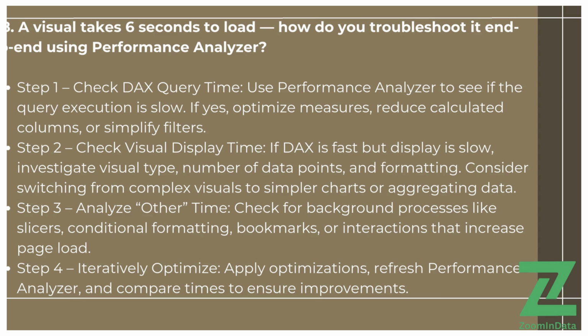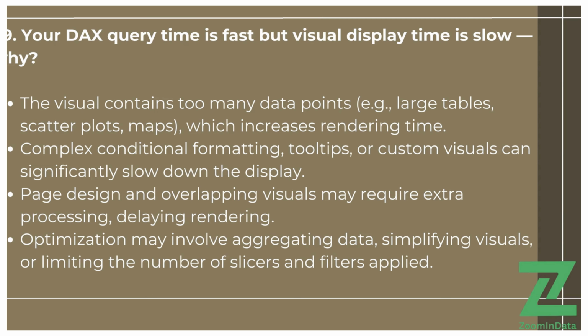Look for slicers, conditional formatting, bookmarks, or interactions that may be causing the page to load more slowly. Step 4. Apply improvements one by one, then refresh the Performance Analyzer and compare the times to confirm that performance is improving.